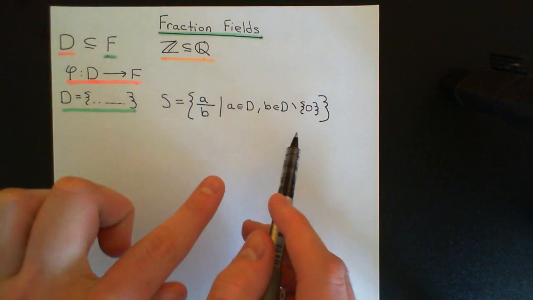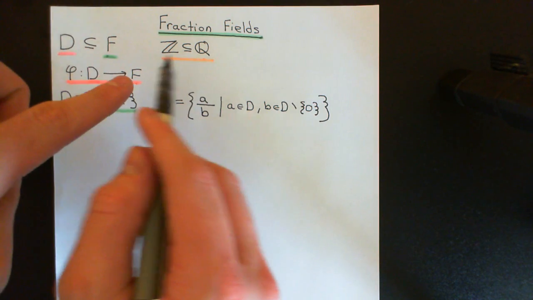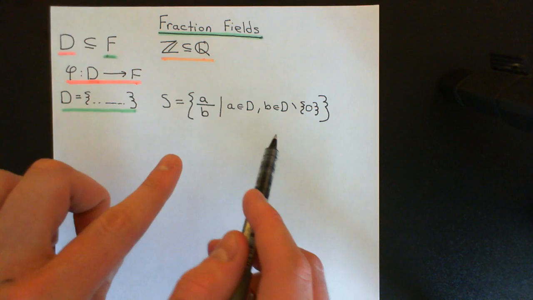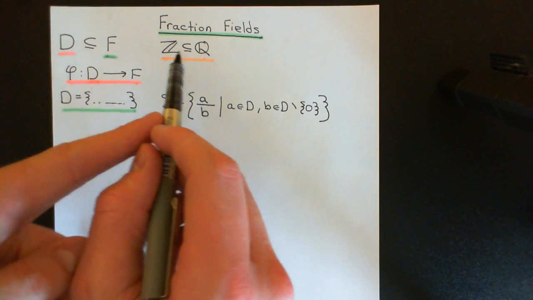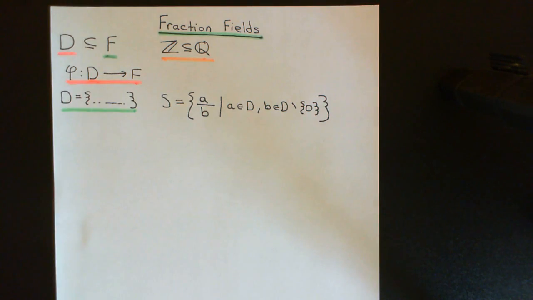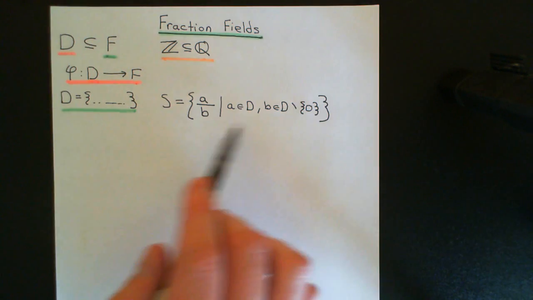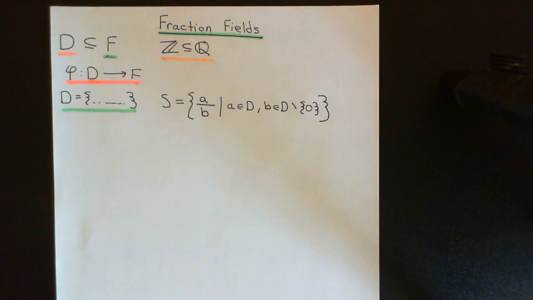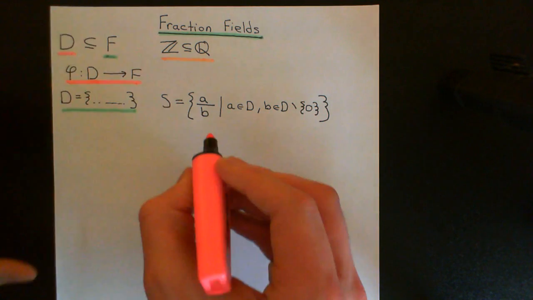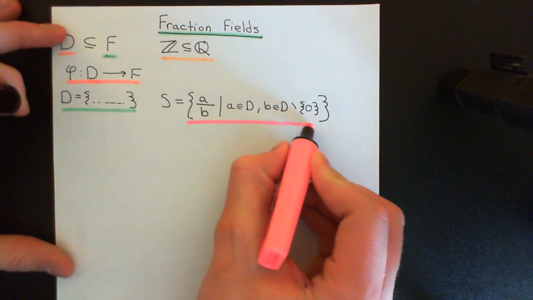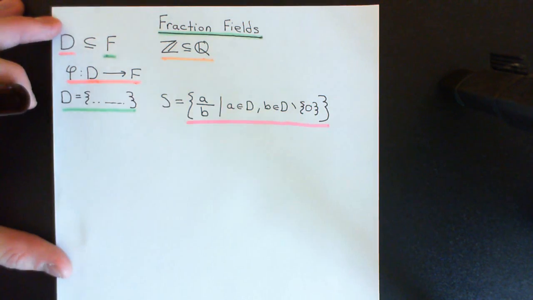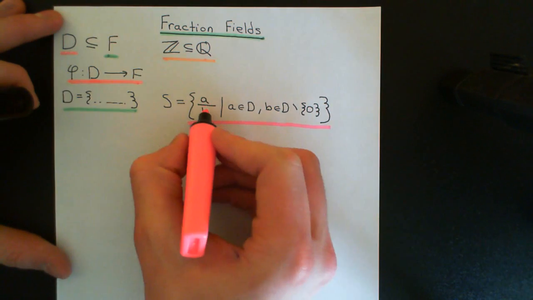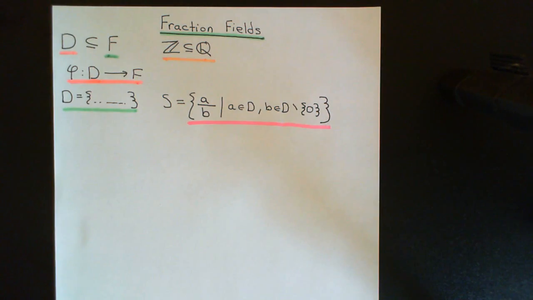Okay, and you should have good intuition as to why I'm not going to allow you to do that from your understanding of the classical case of taking the integers and turning it into the rationals. We'll see where we rely on the fact that the denominator is not going to be the additive identity later on. Okay, so we're just creating all of these symbols of this form, an element of the integral domain over another element of the integral domain, but this bottom element cannot be the additive identity.